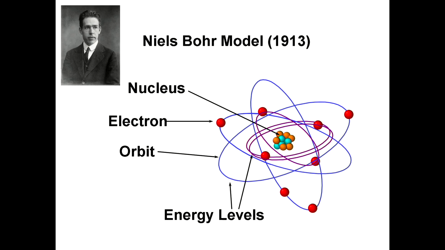So in the Bohr model, this is one atom, okay, and it has a nucleus, and outside are the electrons.